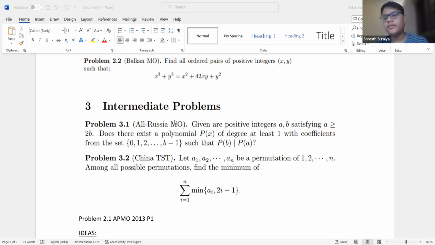Also in 3.1, you can just take B greater than 1, because the case B equal to 1 is useless.